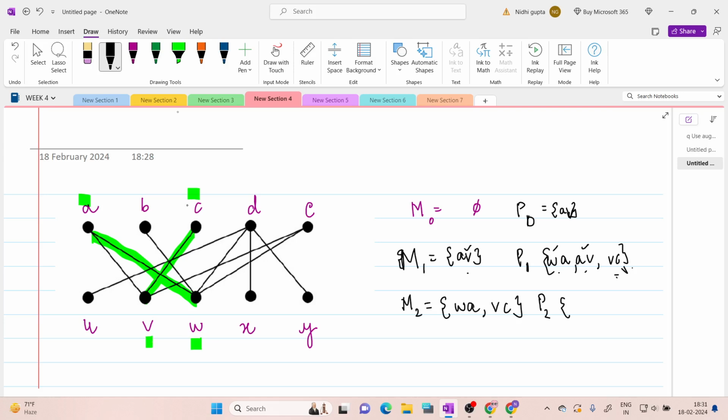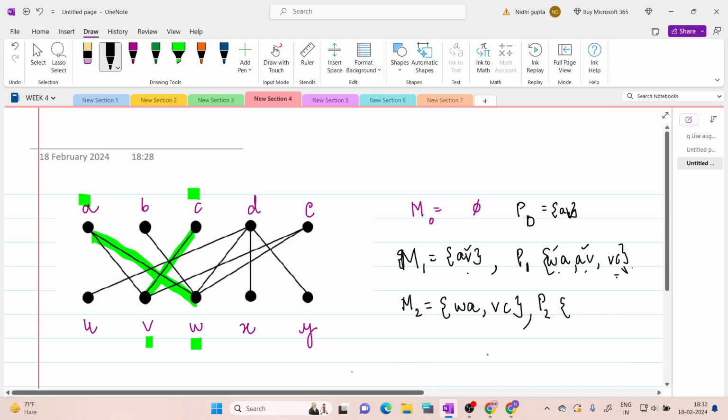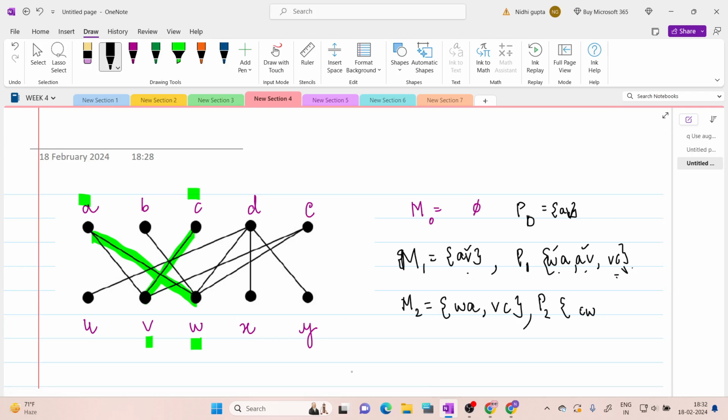So all the other vertices other than the green ones, it should start with those, end with those, and alternate between matched and unmatched edges. So give me an augmenting path with respect to M2. EV, okay. CW, no, CW is not an edge. EW, WA.